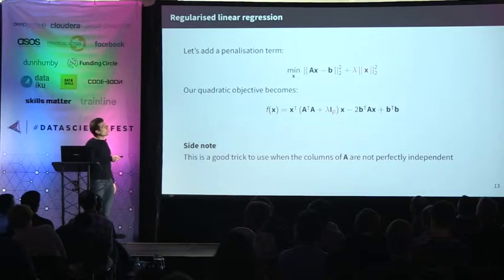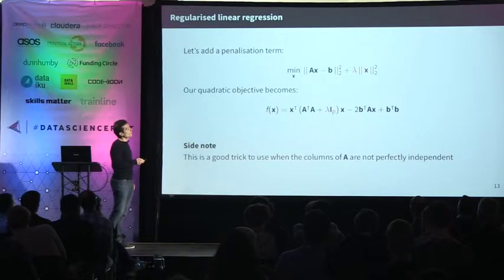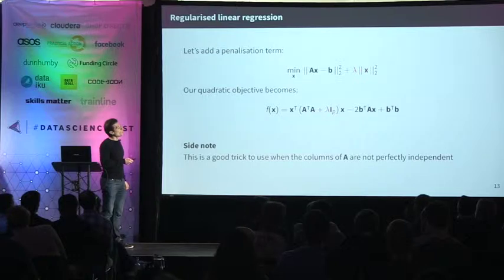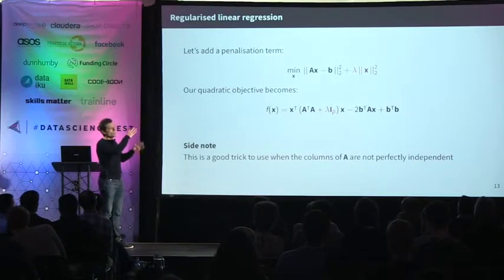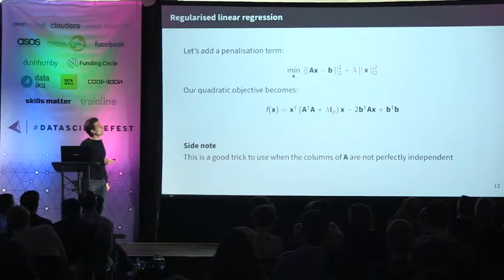You just add it to the function, do the same trick that I showed you before, expand all the squares, and this is what it looks like. So it's exactly the same as what we had before. Now on the diagonal, that I, you have your strength of that regularization, lambda. By changing lambda as usual, by cross-validation or what have you, you can find the optimal value for that.